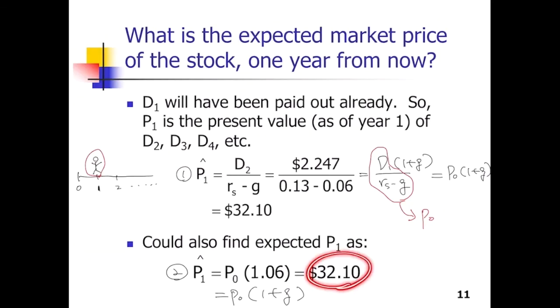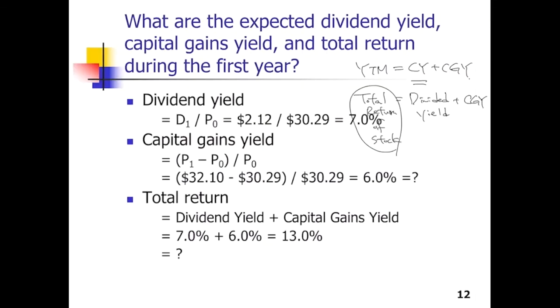Here, right? P1 can be calculated by current price multiplied by 1 plus G, and then we get this number. So input this, and we already know P1 and P0 here, and then get 6%. So capital gain yield is 6%.